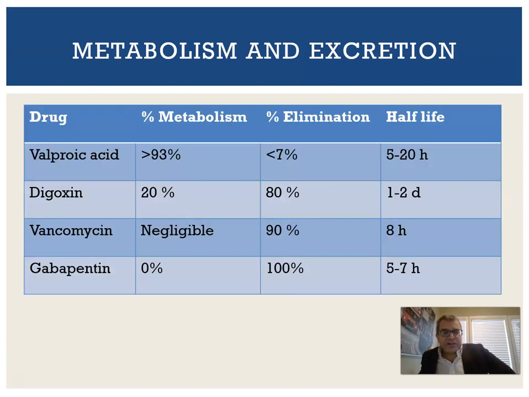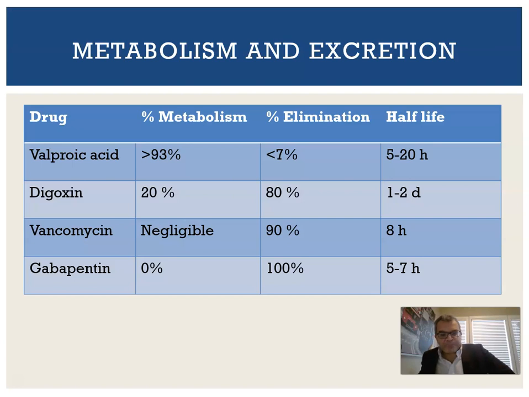If you look at metabolism and excretion here, valproic acid is extensively metabolized, more than 93%, so expect dosage adjustment in liver impairment. Gabapentin is 100% renally eliminated, which means renal adjustment is needed in patients with kidney impairment.